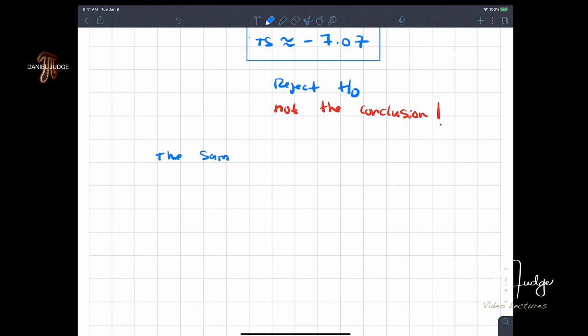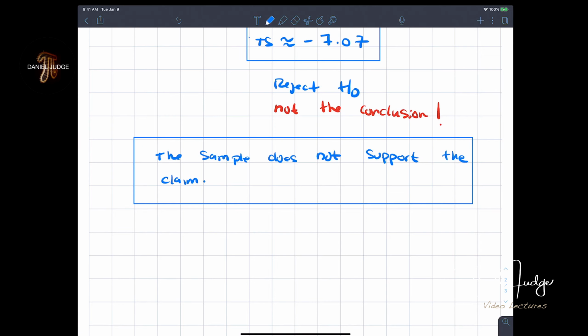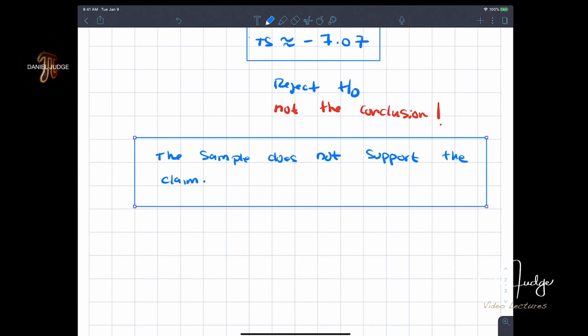The sample does not support the claim. This is your conclusion. Now we're going to have all kinds of discussion about this conclusion. People are going to go, what? The sample, ladies and gentlemen, does not support the claim.